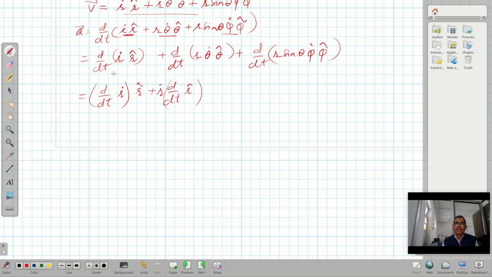Here, r cap will remain as it is, plus d upon dt of r dot, and the derivative of r cap. I have applied the product rule here, because r cap, theta cap and phi cap are changing as the particle changes its position.